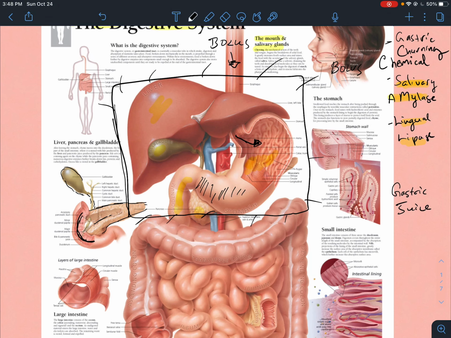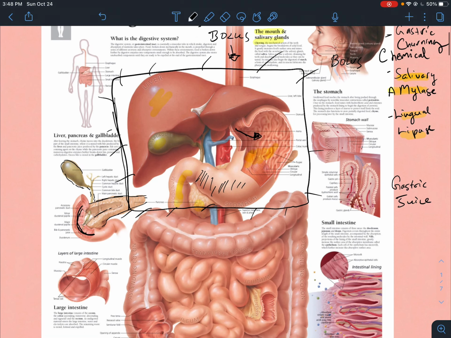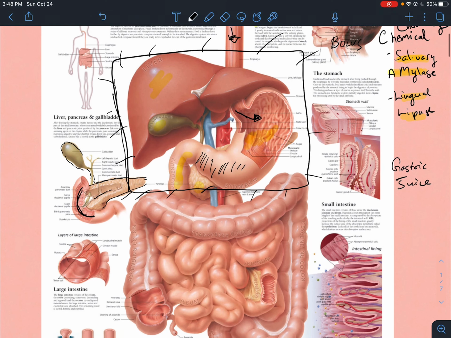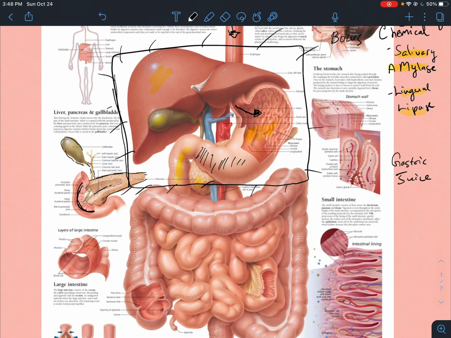And so after this lecture, you should be familiar with the functions of the liver when it comes to digestion, the gallbladder, the pancreas, the stomach, and the duodenum.